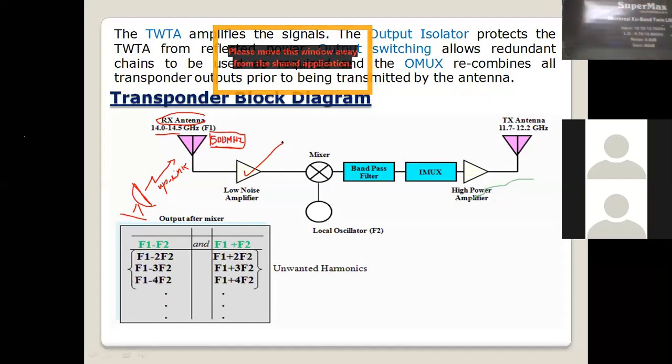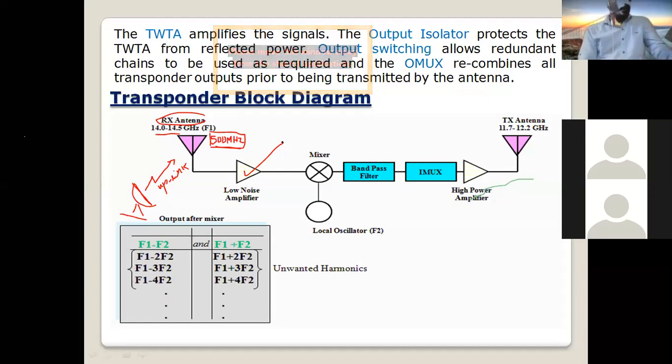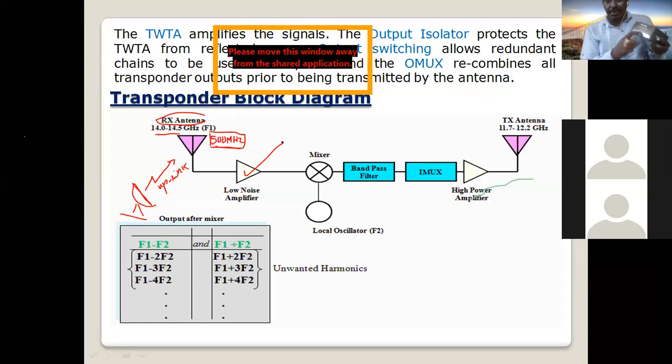This low noise amplifier is used in the Ku-band from frequency 10.7 gigahertz up to 12.75 gigahertz. So you see here the noise level is 0.6 dB. Gain, it says 60 dB.